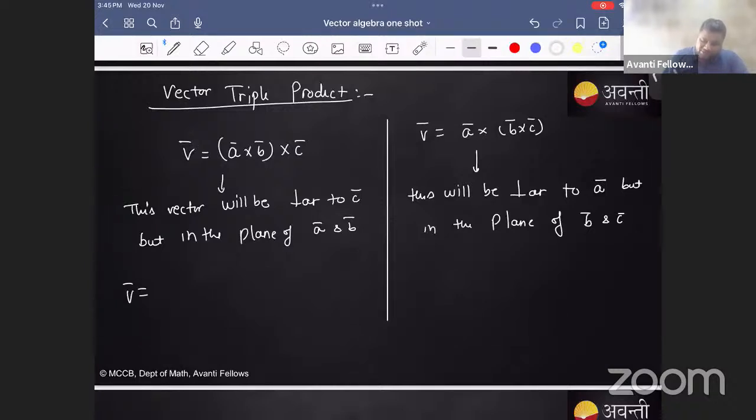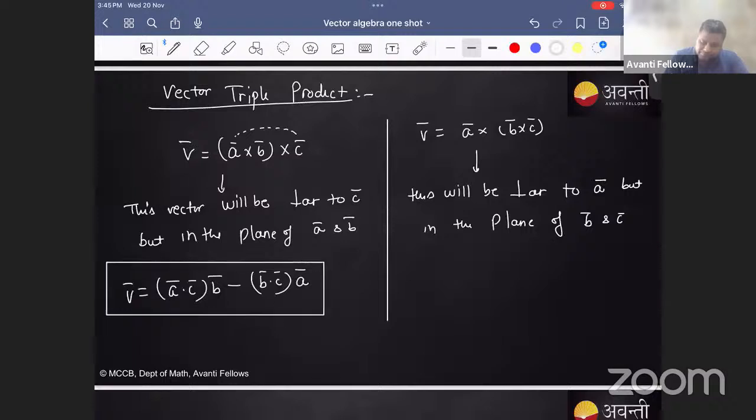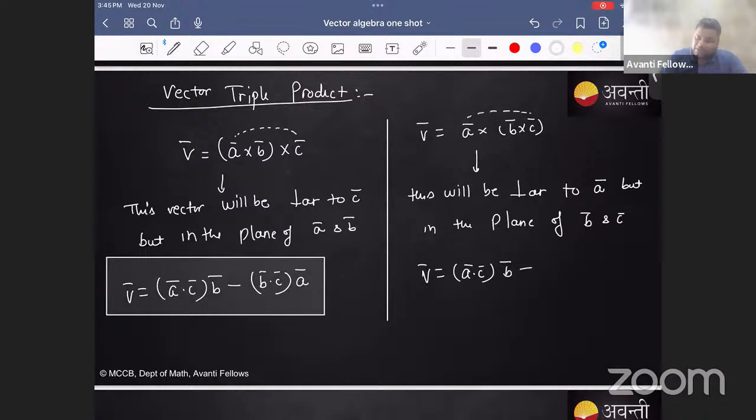Here this expansion is A dot C vector B minus B dot C vector A. And this vector is A dot C vector B minus A dot B vector C.